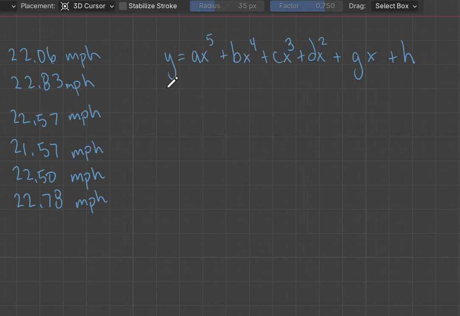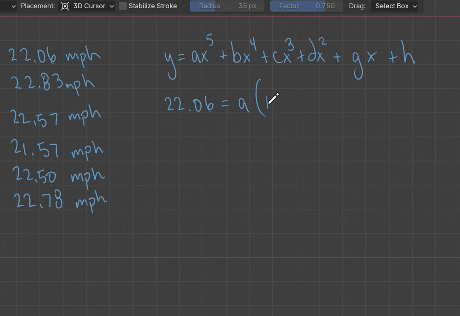So putting in place these values, we have 22.06 for the y value is equal to a times what? So in this case, each of these represents an incremental day. So this is day 1, this is day 2, this is day 3, 4, 5, and 6.